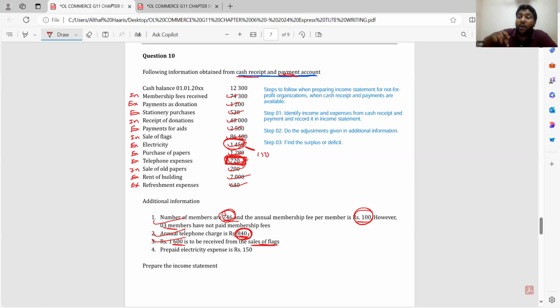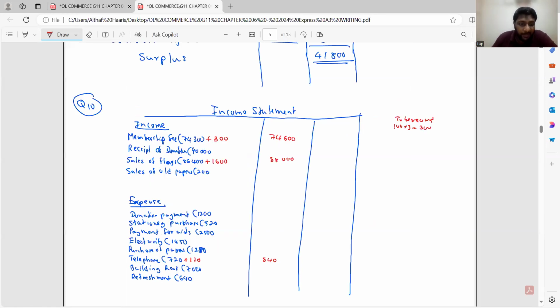Then for this year, how much? Only 1,300. For this year, then only how much expense? 1,300.